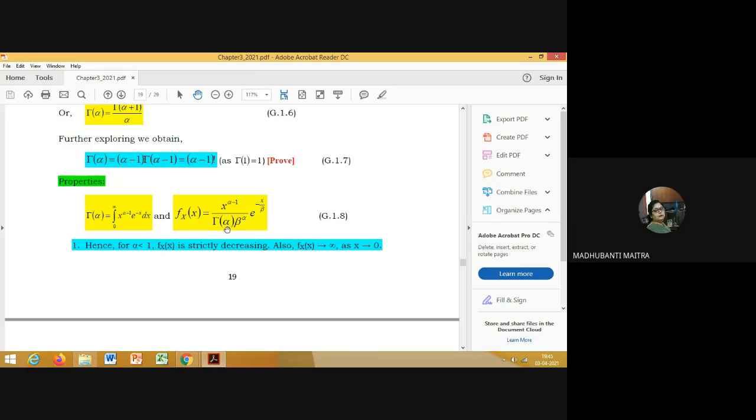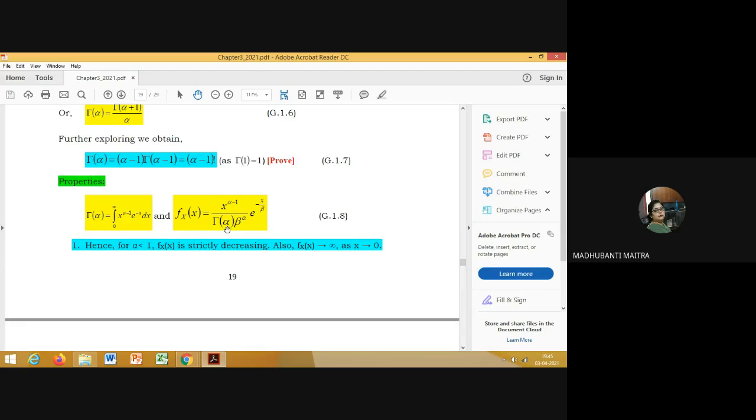What is the value of e to the power minus x as x tends to 0? 1. So what will be the value of tau alpha as x tends to 0? 0. Are you sure?